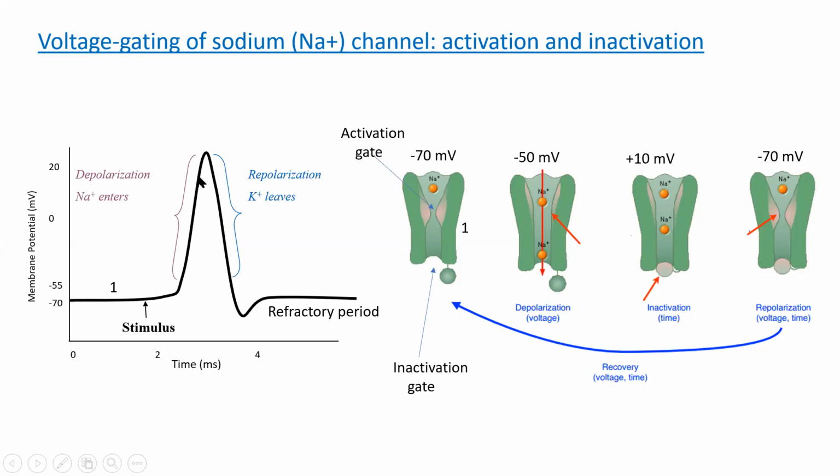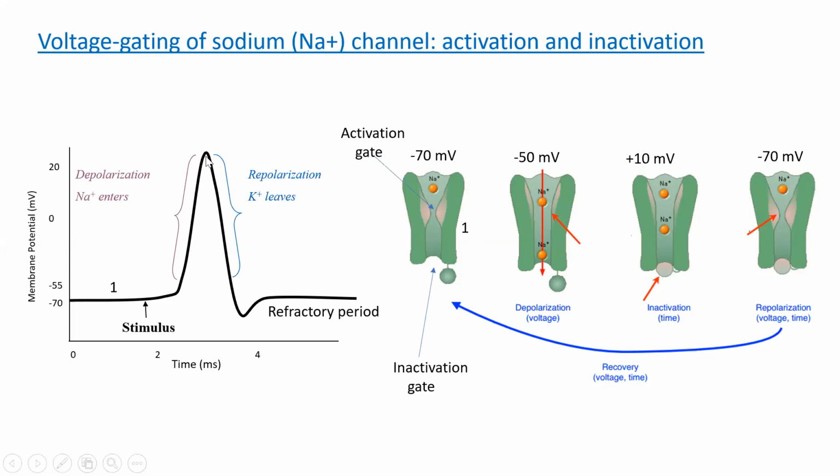And as they flow through, they increase the potential, up to a certain point, at which point the inactivation gate, the other gate, is designed to close at a potential of around plus 10 millivolts. So the remaining sodium flows into the cell, and the peak potential reached is about plus 20 or plus 30 millivolts.